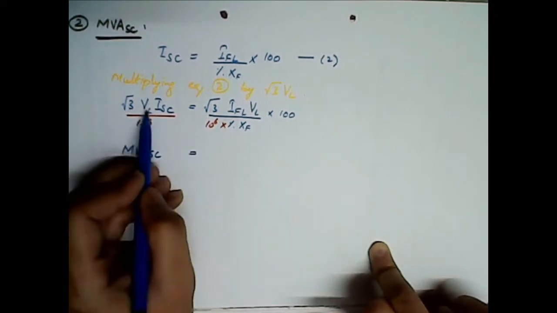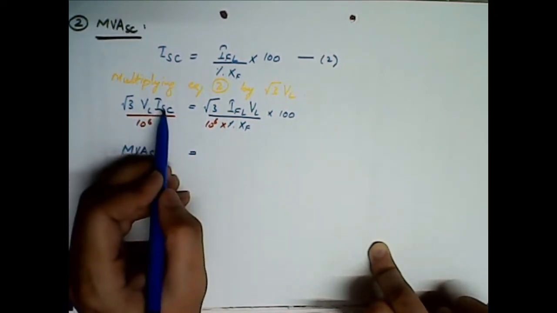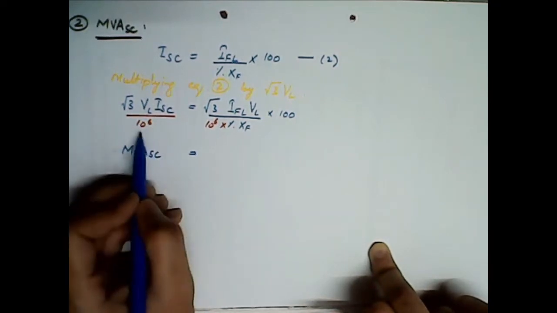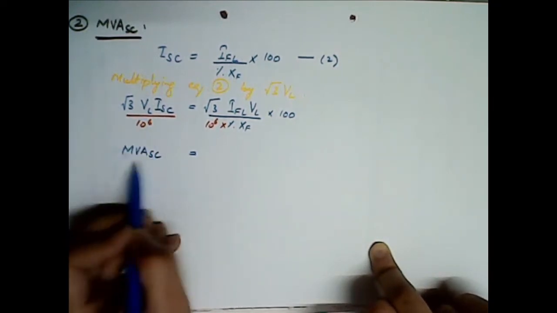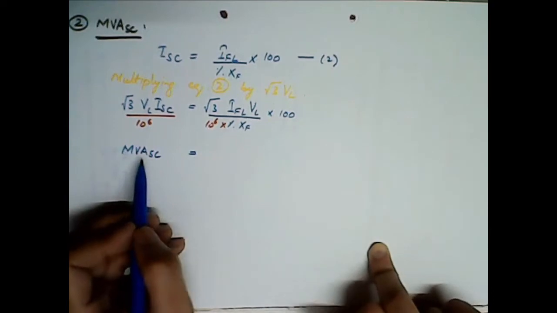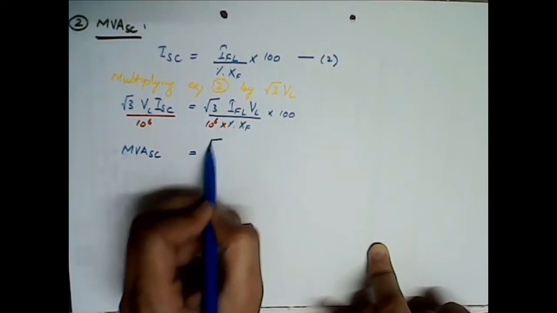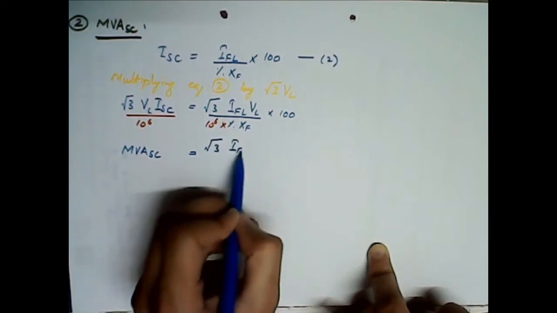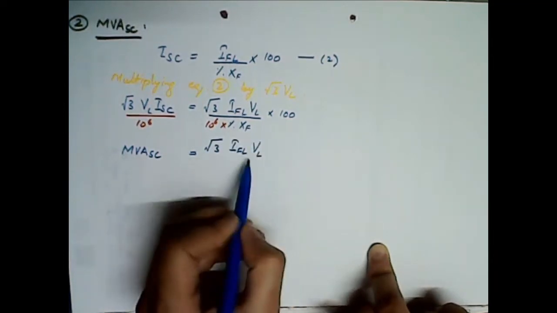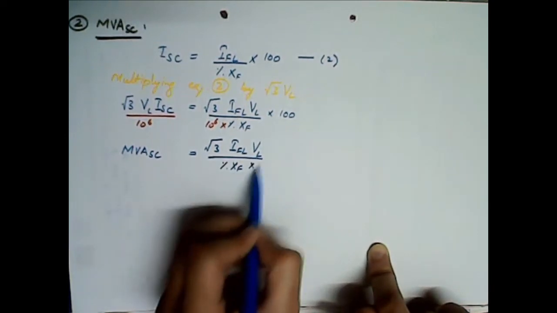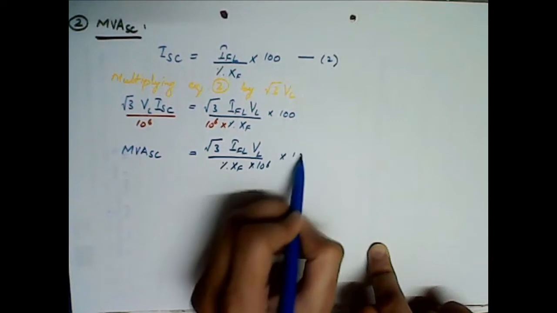Because root 3 times voltage times the short circuit current is equal to the short circuit power, and since we have divided it by 10 to the power 6, this becomes MVASC equals root 3 IFL times VL divided by percentage XF times 10 to the power 6 times 100.